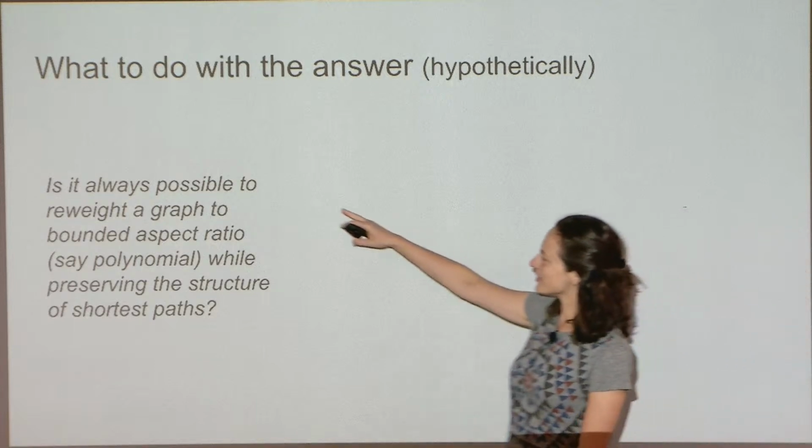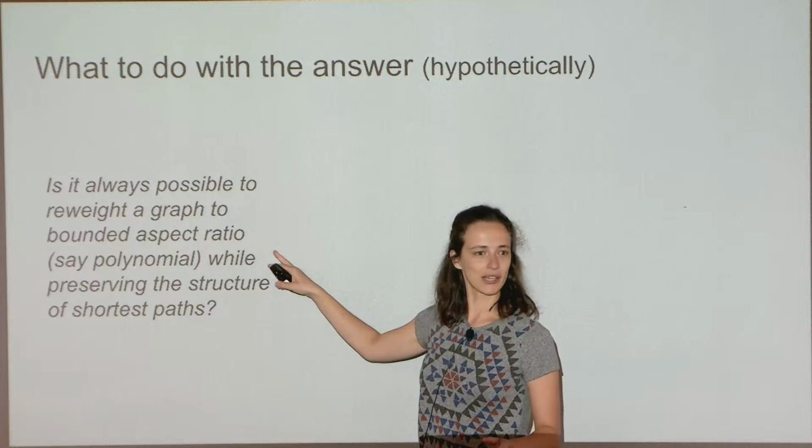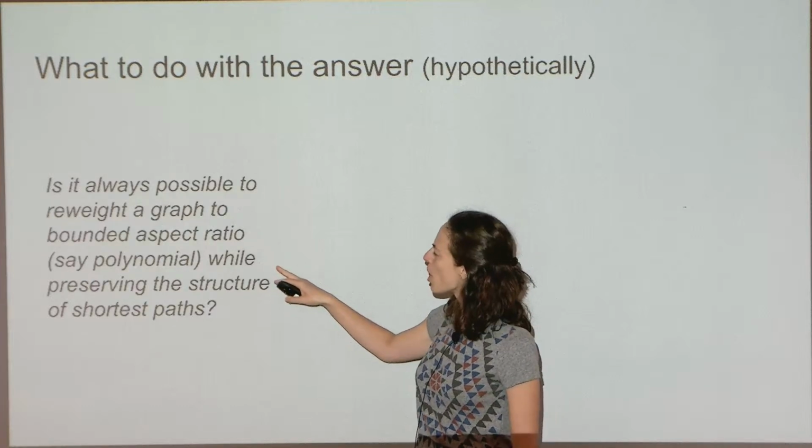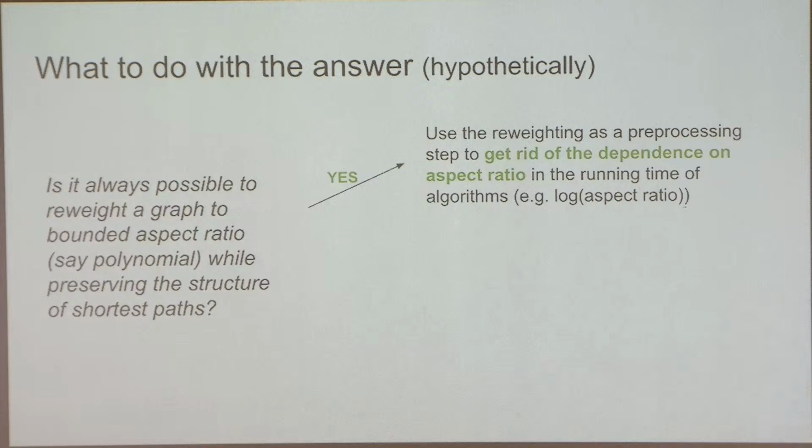So what to do with the answer? Here's the question. Is it always possible to reweight a graph to bounded aspect ratio, let's say polynomial aspect ratio, while preserving the structure of shortest paths? If the answer were yes, then we might use the reweighting as a pre-processing step in some algorithm in order to get rid of a factor of log aspect ratio in the running time.